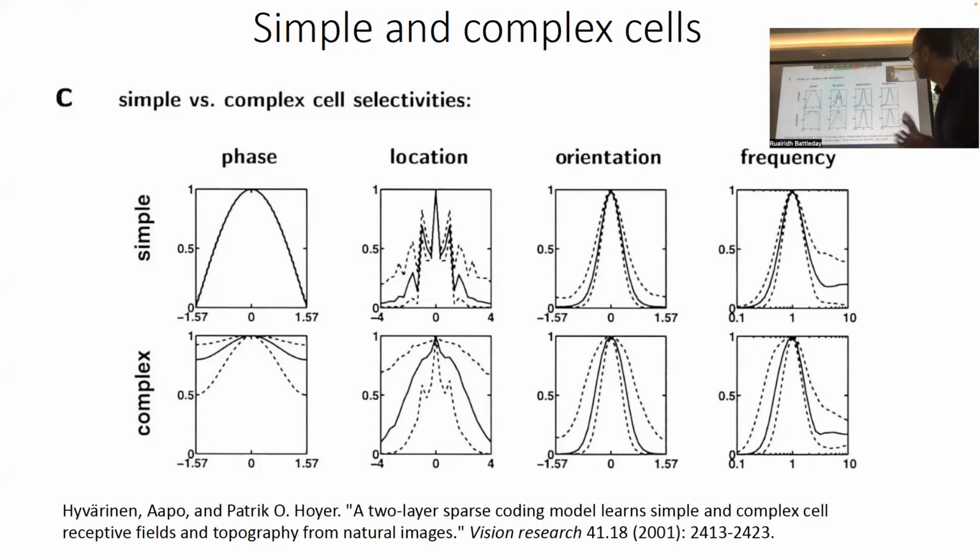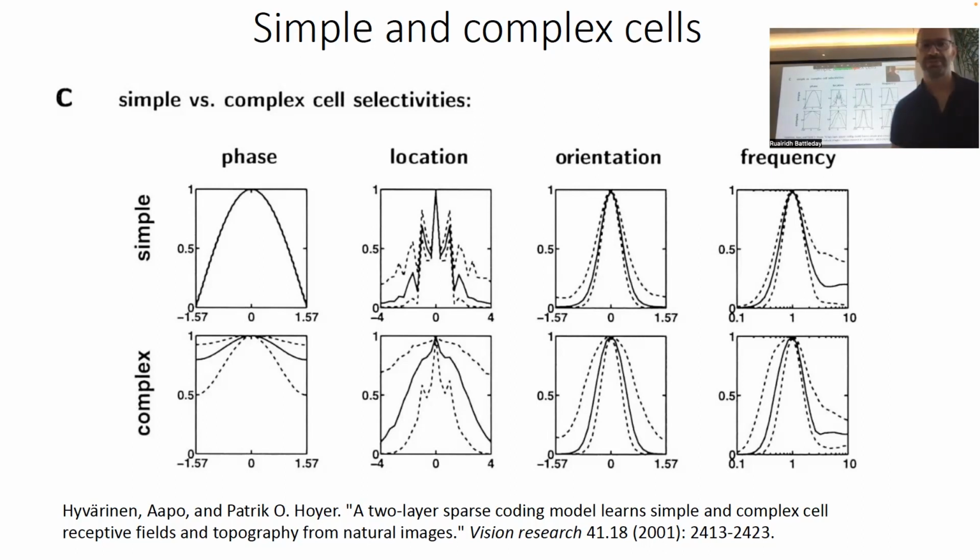It's a computational model, but this is similar to how a neuron would respond to a sinusoidal stimulus with different orientations. So it has selectivity for a particular orientation, and as you shift the orientation, the response of the neuron diminishes.